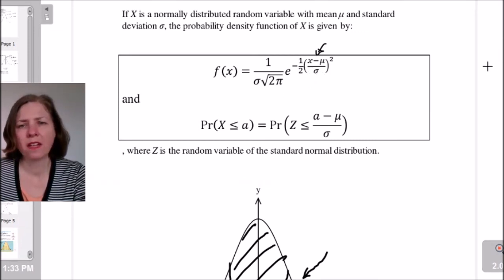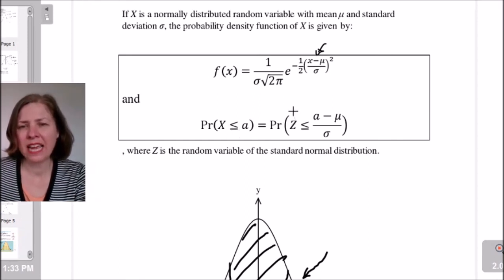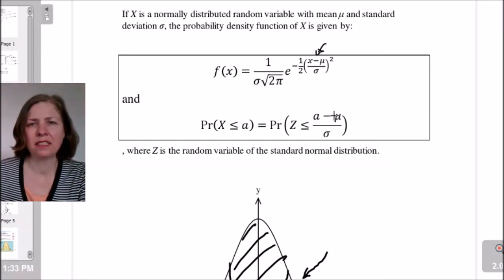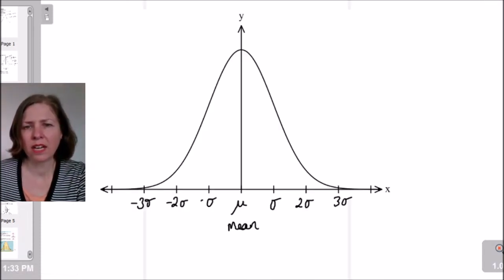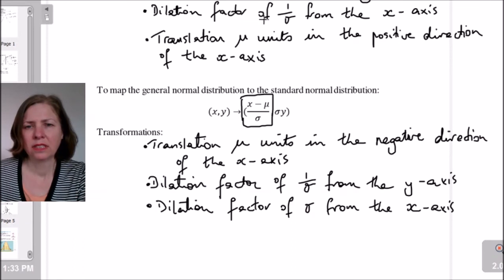Okay, so what that means is that for this curve, the probability that x is less than or equal to a is going to be equal to the probability that z, and z is my standard normal distribution, is less than that same a value transformed into the standard value by subtracting mu and dividing by sigma. Just to remind you where that comes from, it's here, minus mu and divide by sigma.